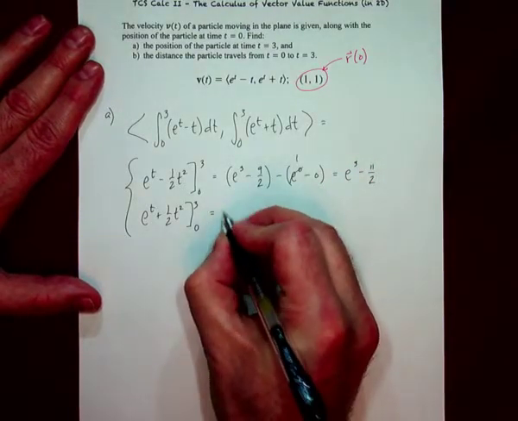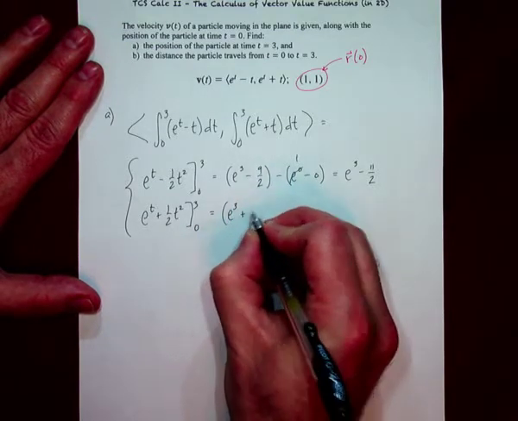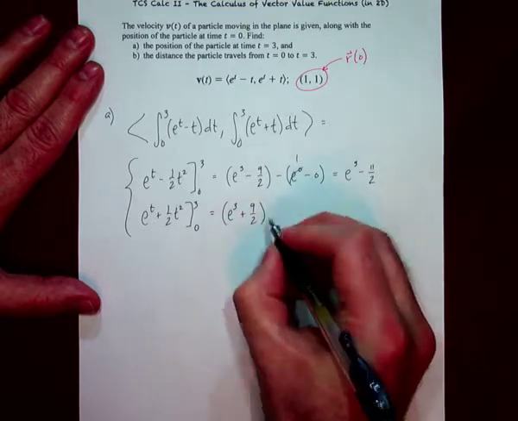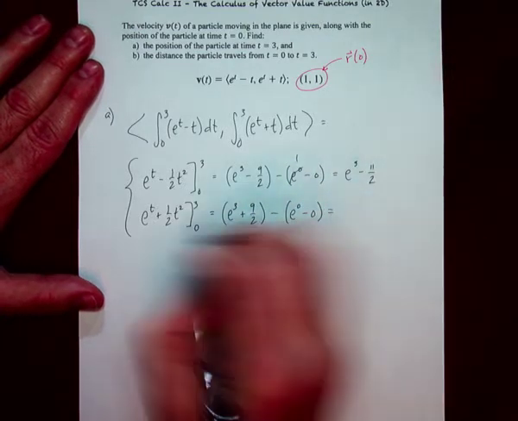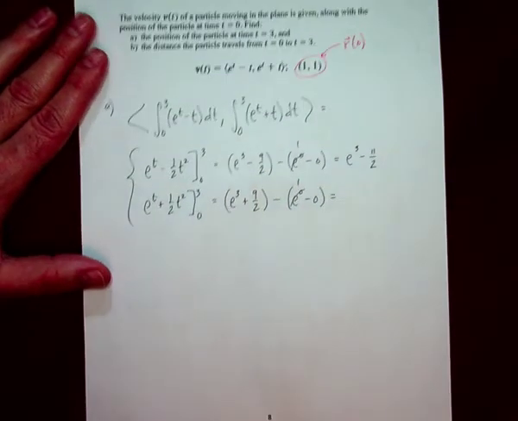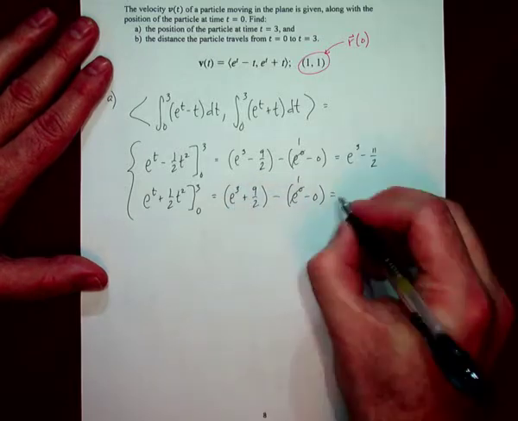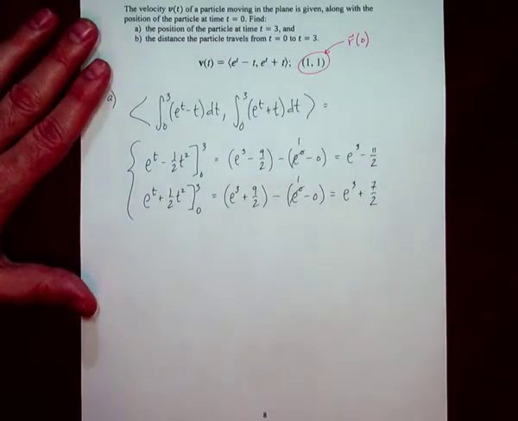Okay, this, just like the last one, is going to be e cubed plus 9 halves minus e to the 0 minus 0, because it's exactly the same, except it's plus rather than minus. This, again, is 1, and so it's going to be e cubed plus 7 halves.